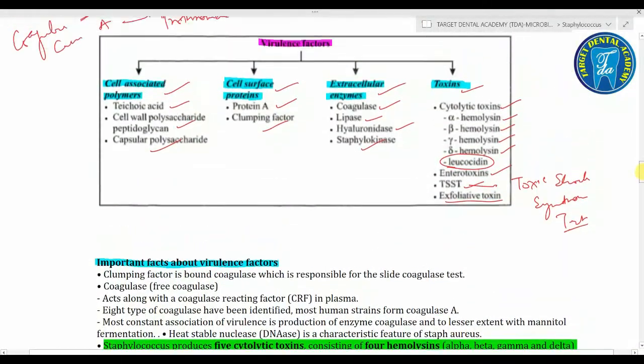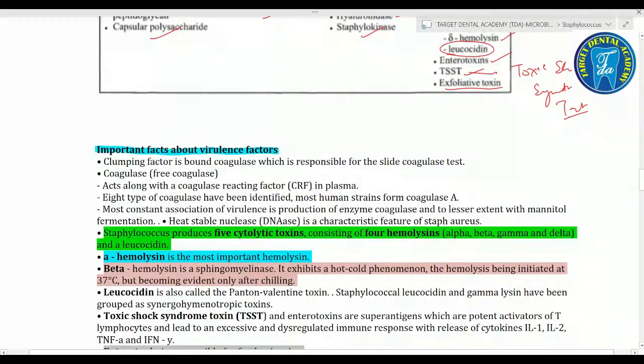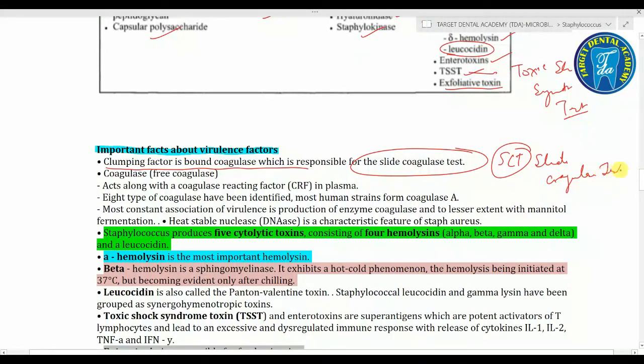Fine. After the virulence factors, let's discuss some important facts about them. Number one is the clumping factor. It is bound to the coagulase, and is responsible for the SCT, the slide coagulase test, while the free coagulase acts along with the coagulase reacting factor in plasma, CRF.